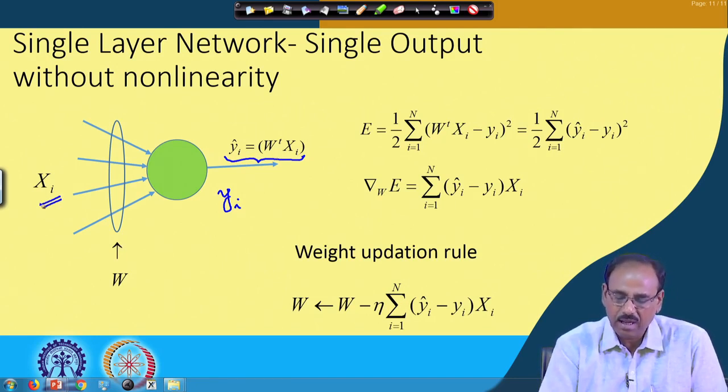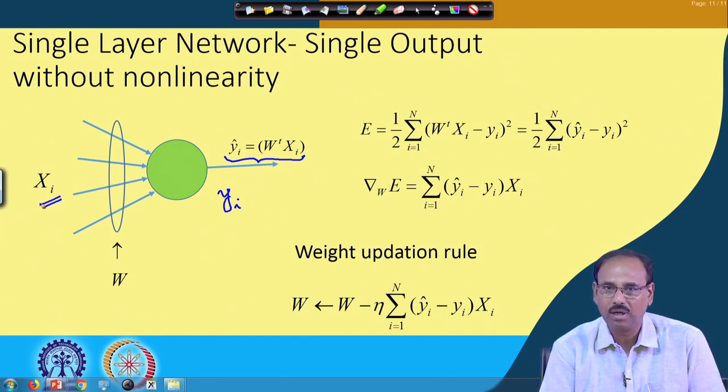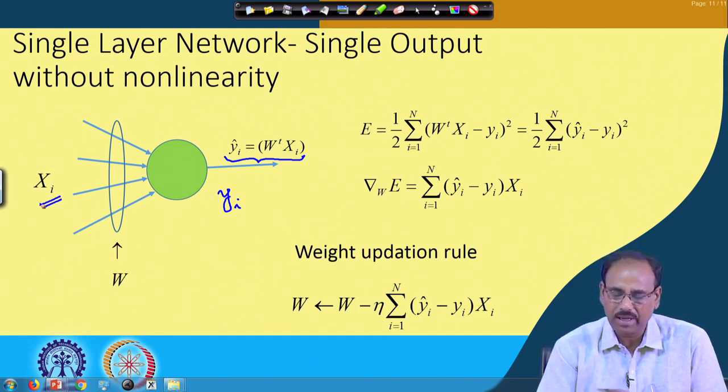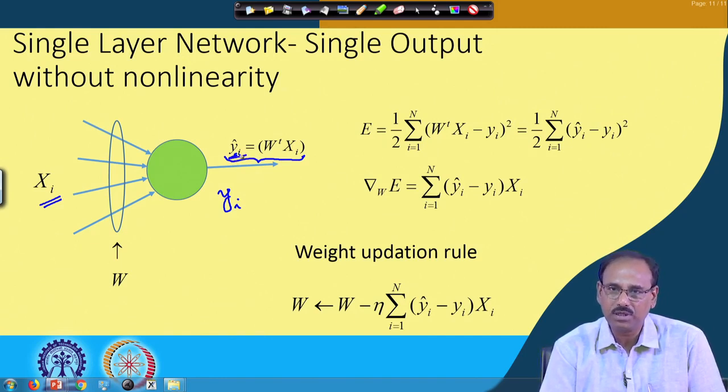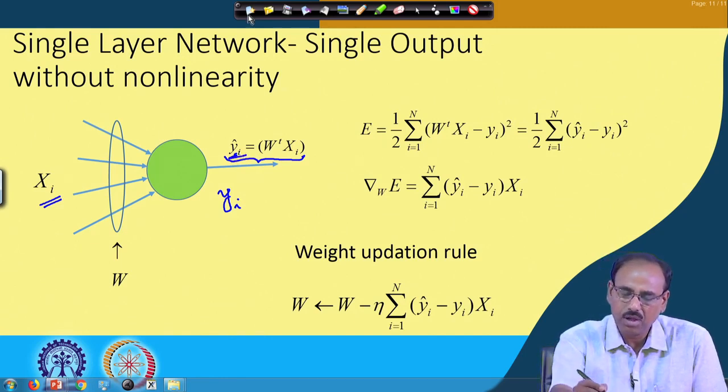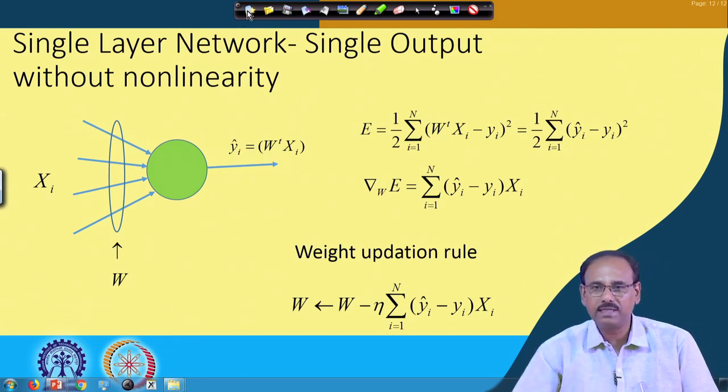For the time being, I am assuming a neural network with a single layer and a single output node, and I am not assuming any nonlinearity in this neuron. So, my output simply becomes w transpose xi, and I am assuming that this is an approximation to yi, which is yi hat. If yi and yi hat are the same, that means my input vector is correctly classified, so I do not have to take any action to modify the weight vector w.